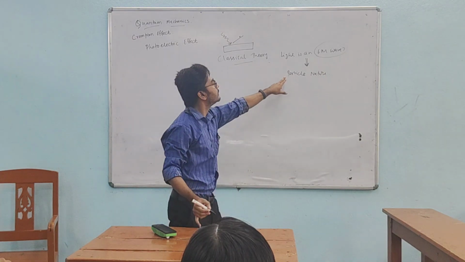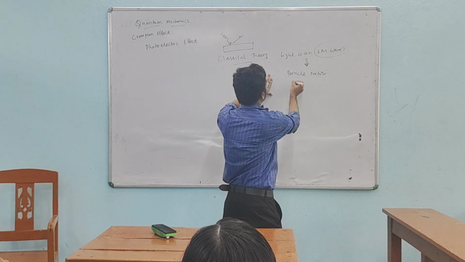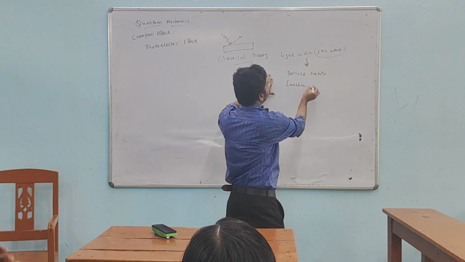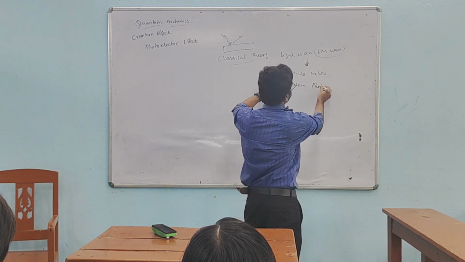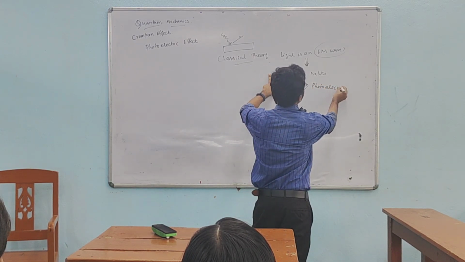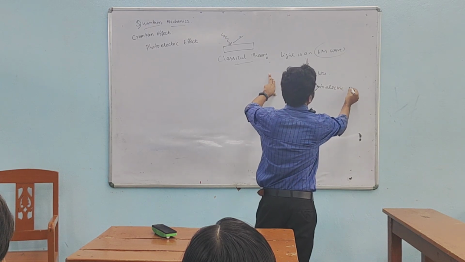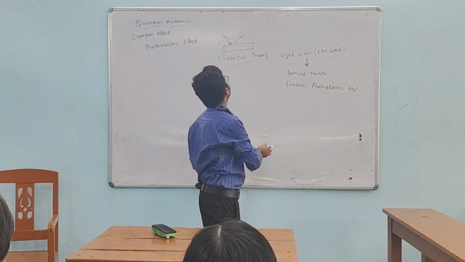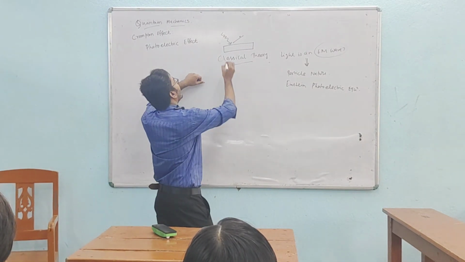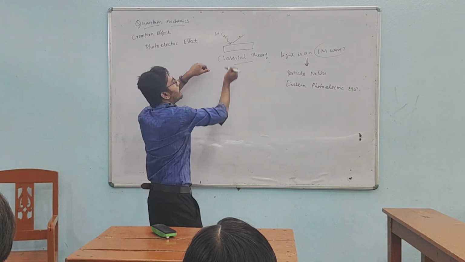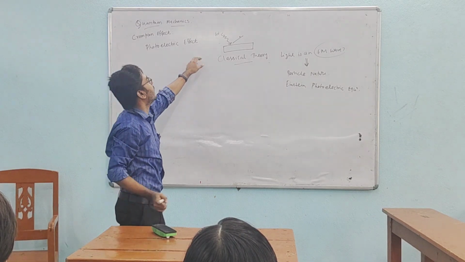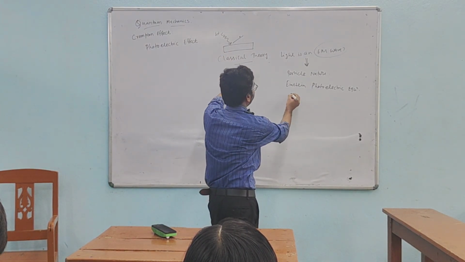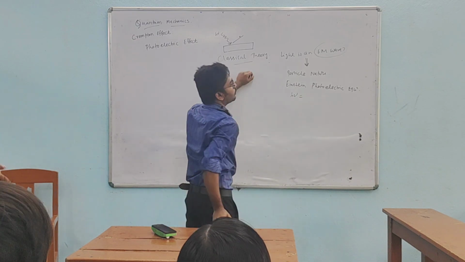And this suggestion comes from Einstein's photoelectric relation. That is, if we consider that light has some frequency nu and its energy is h nu, and it falls on the material, then it is divided into two parts.